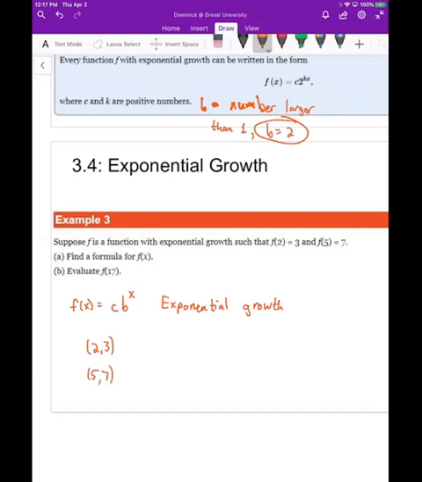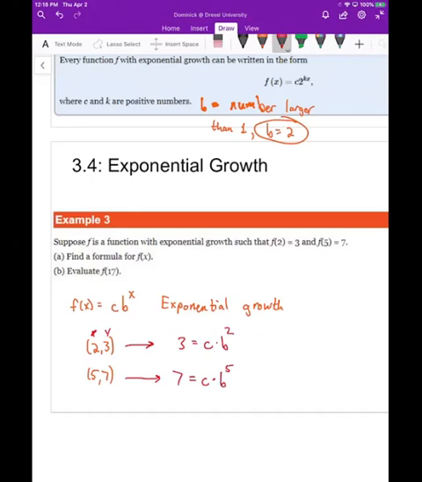So we want to figure out what is a formula that is modeled by this exponential growth. We need to find c and we need to find b. If when x is 2, y is 3, then we get that 3 is equal to c times b squared. And the other point gives us that 7 is equal to c times b to the 5th.